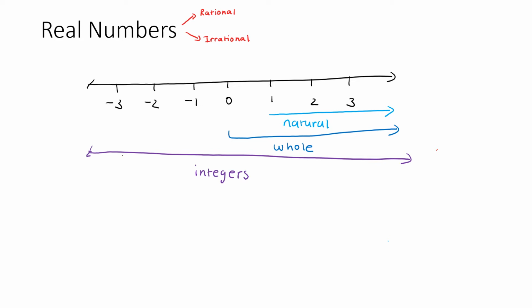Another way to portray this is using a diagram. So I'm going to make a quick sketch on the left. Under real numbers fall rational and irrational.